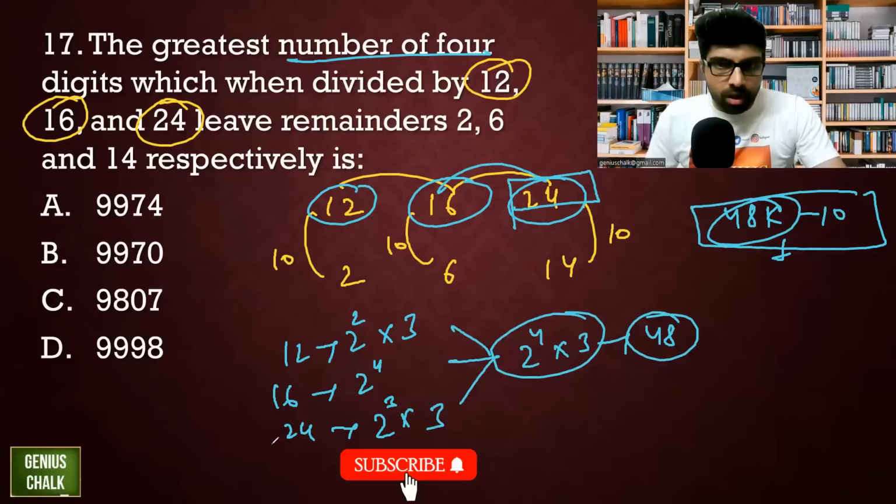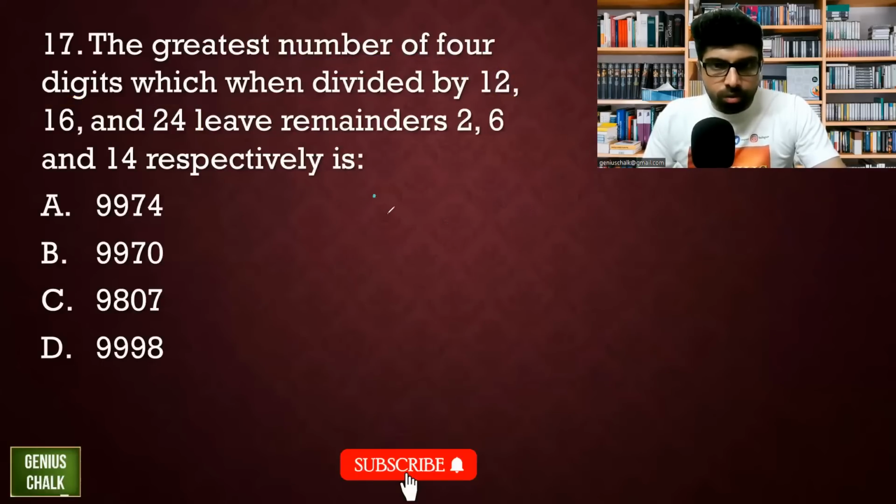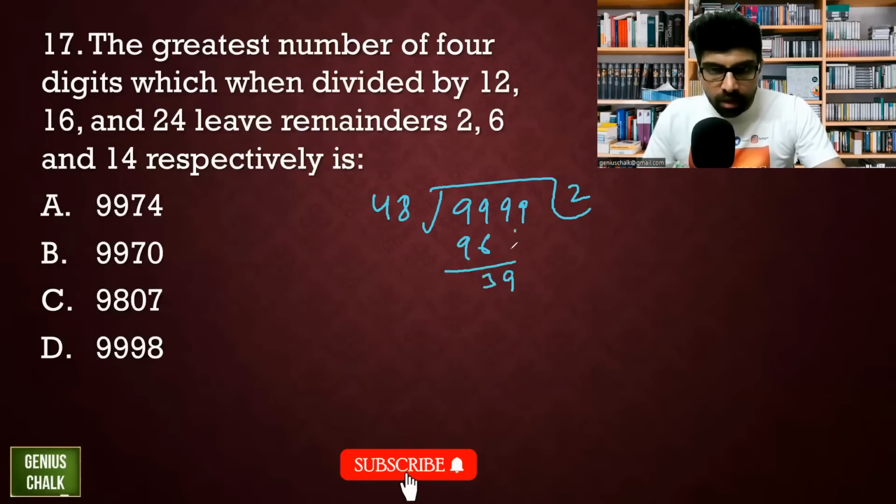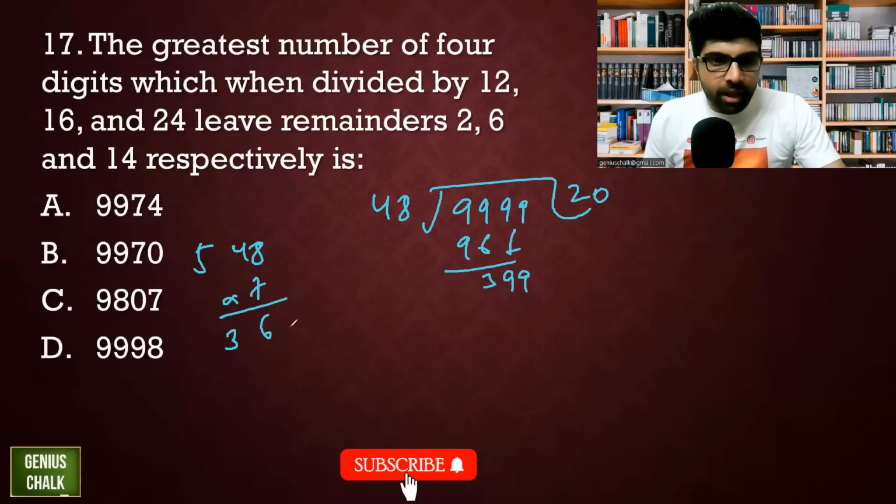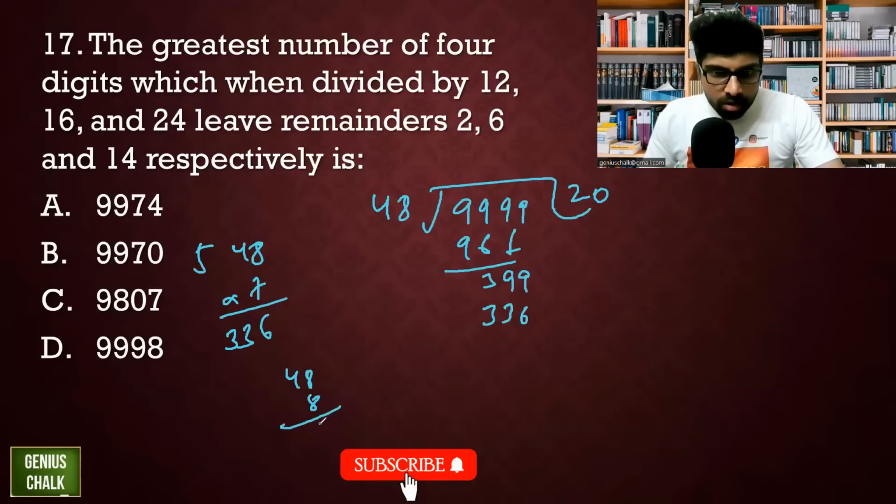So 48 was the LCM. Greatest number of 4 digits is 9999. 48 2s are 96, 9, 0. Now 48 7s are 336, and 48 8s are 384.